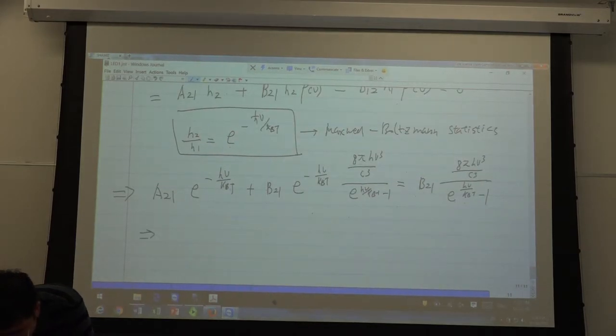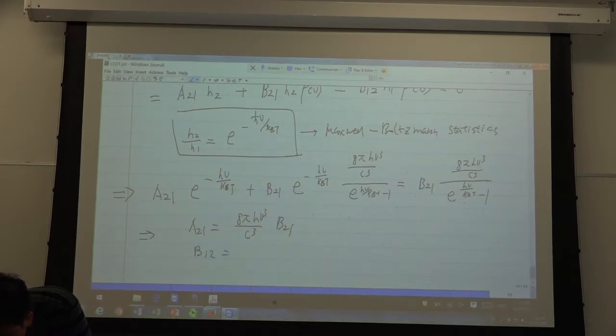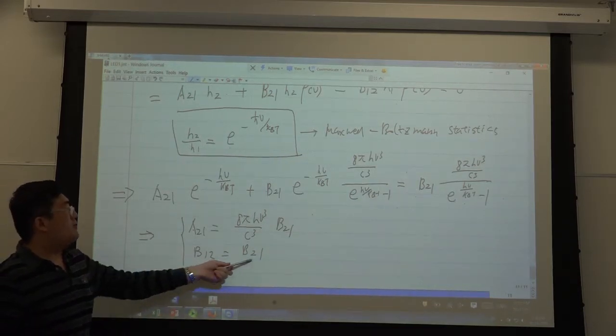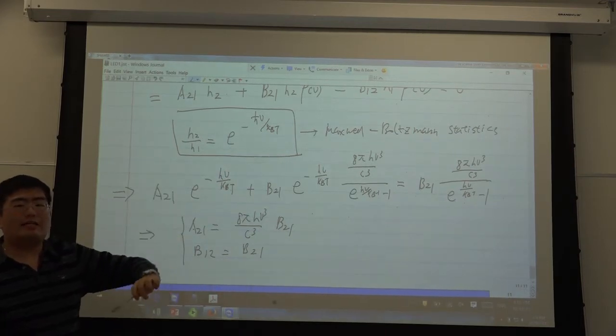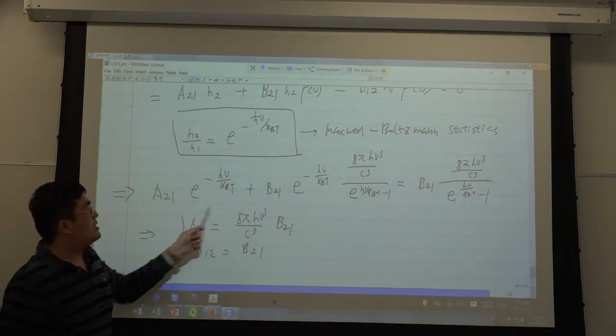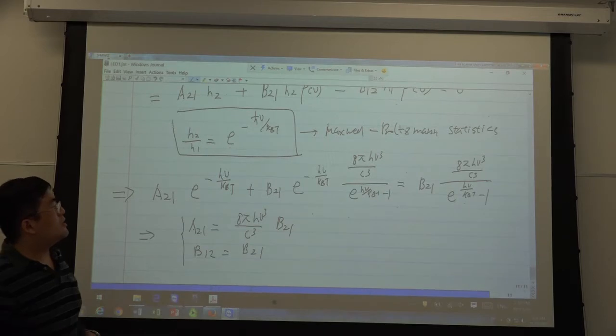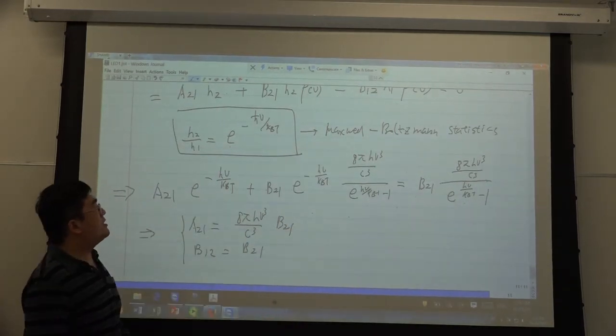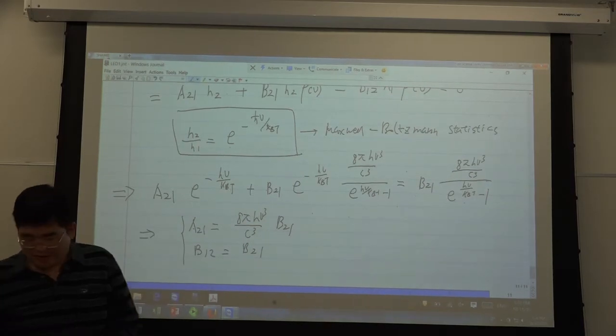Einstein found that A21 equals 8π hν³ over c³ times B21, and B12 equals B21. This is his finding. The Einstein B coefficients for absorption and stimulated emission are the same, and spontaneous emission has its own coefficient. You multiply this out and compare the coefficients, and because T is arbitrary, you can get this.